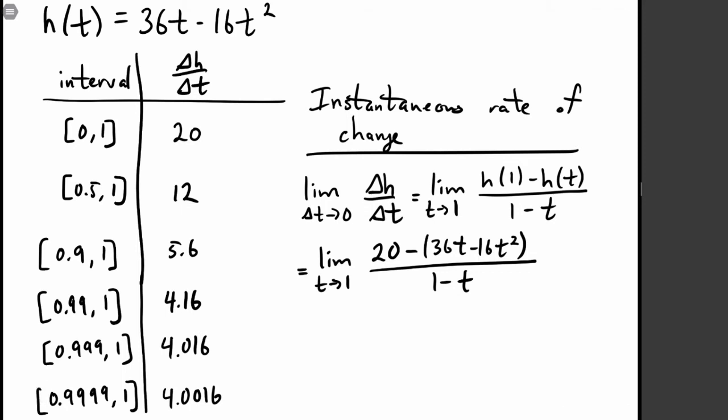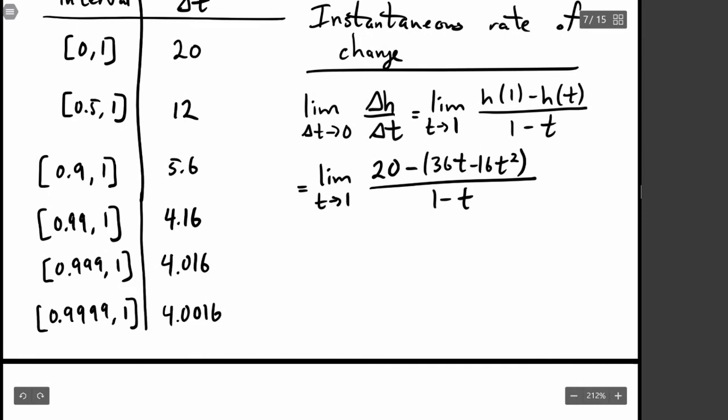So what we need to do is try and factor the top of this if we can. Let's organize this a little better. Limit as t goes to 1. I can factor a 4 out of this, so I'm going to go ahead and do that now. So this is 4 times 4t squared minus 9t plus 5, and then 1 minus t.